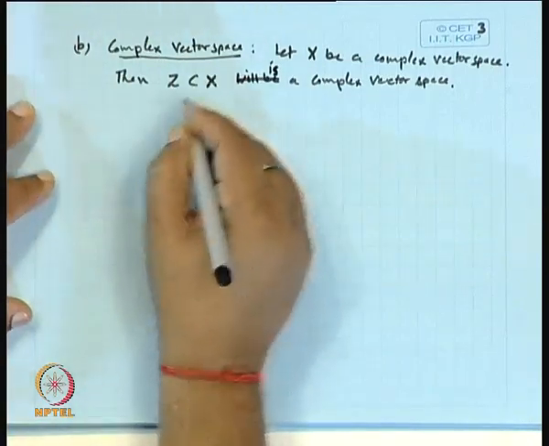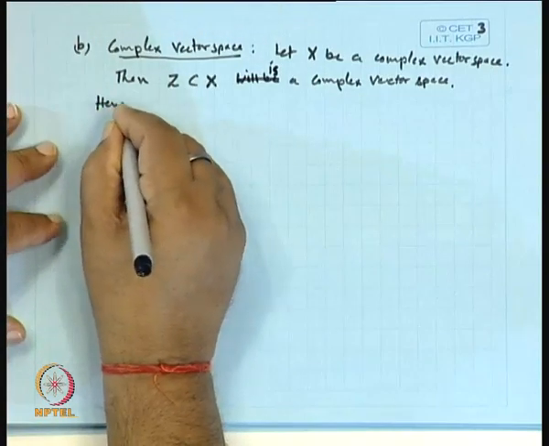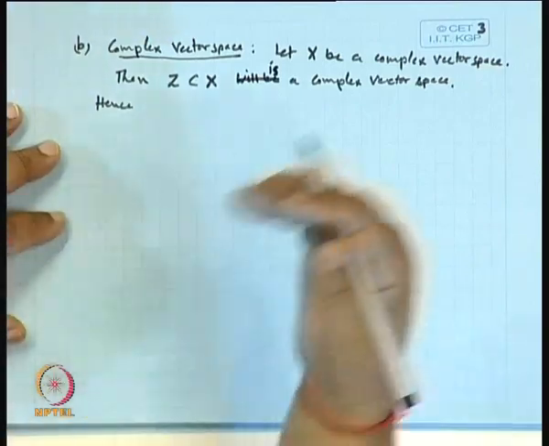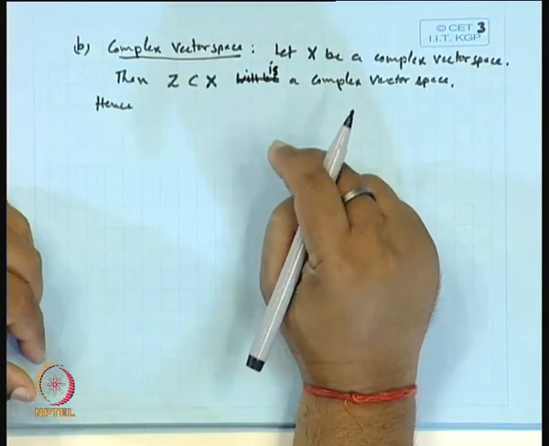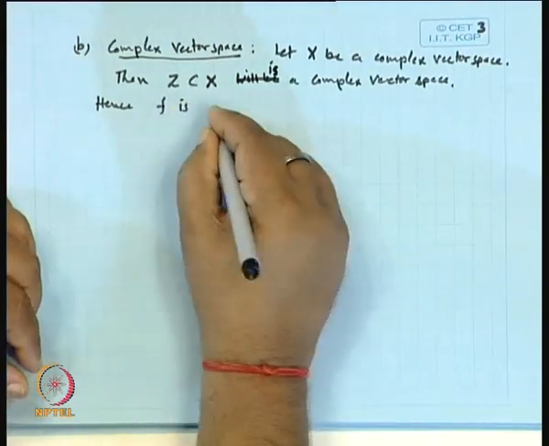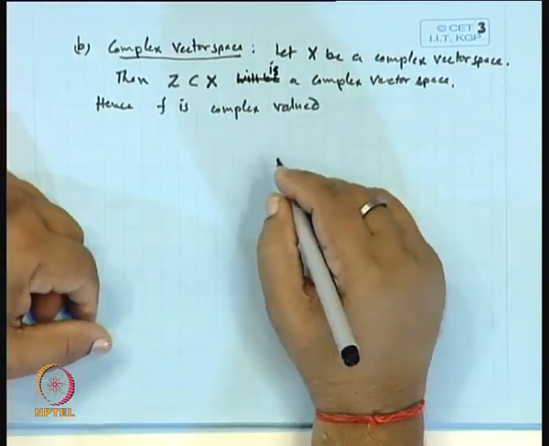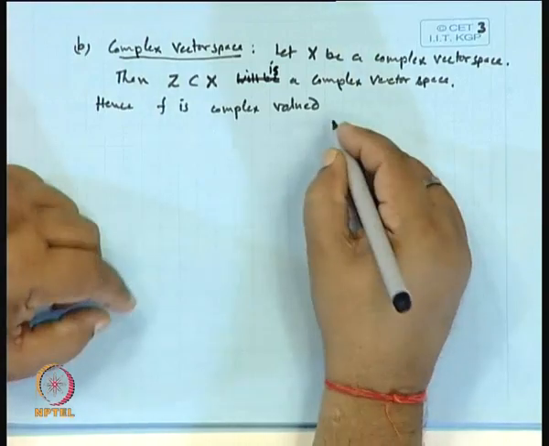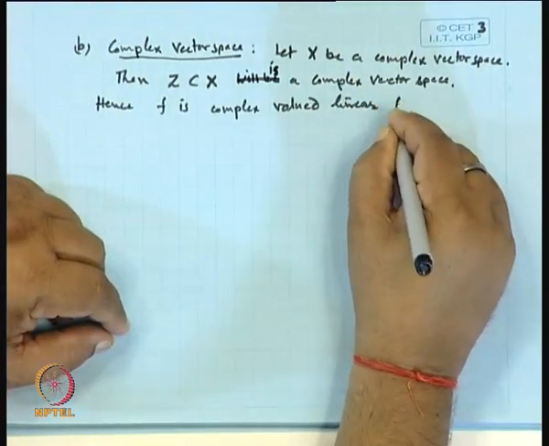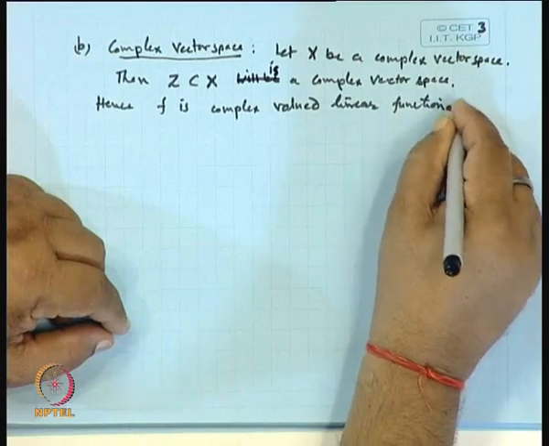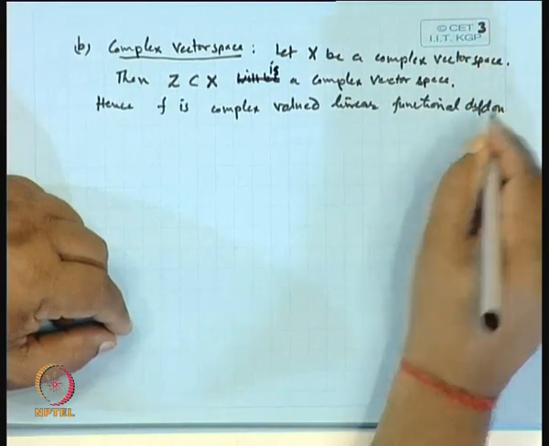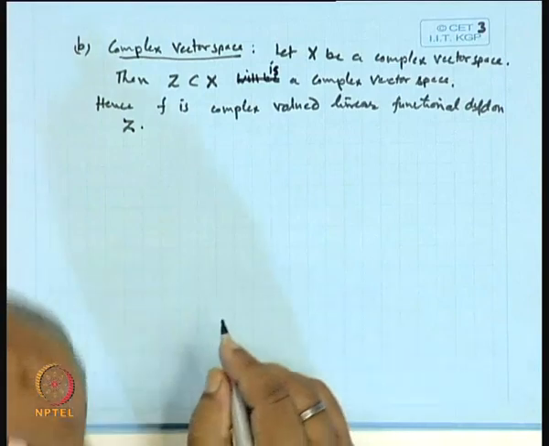functional f defined on z. Because z is a complex vector space, when we are defining a linear functional, it requires alpha, beta and all these things, and we assume that f is also complex valued. Then f is a complex valued linear functional defined on z.